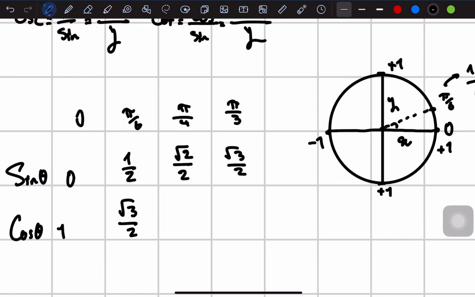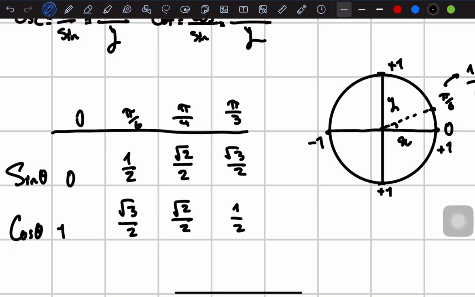Now I want you to notice something here. The cosine of pi over 4 is equal to square root of 2 over 2, and the cosine of pi over 3 is equal to 1 over 2. Did you notice it or not?